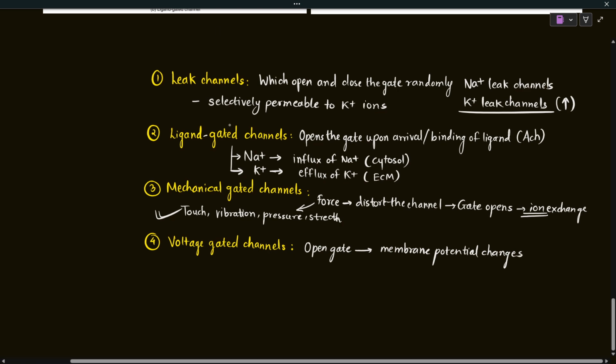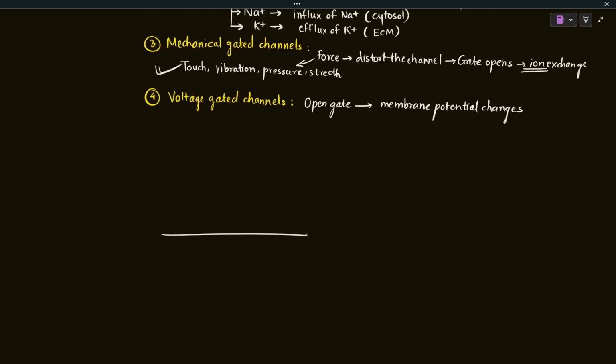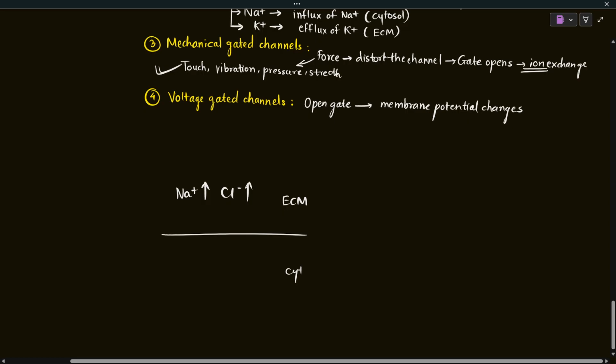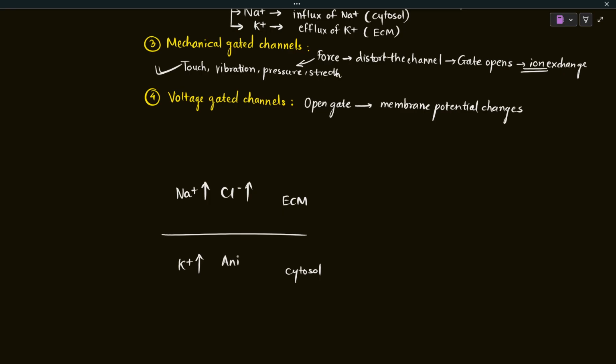Okay, so we have already discussed that in the neuronal cells, the extracellular matrix has a higher concentration of sodium ions and chloride ions compared to the cytosol. While on the cytosolic part, there is a higher concentration of potassium ions and anions.